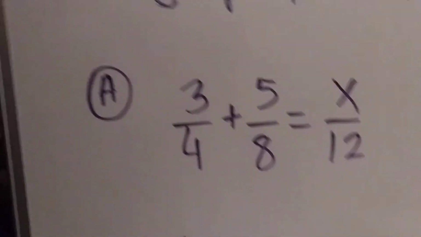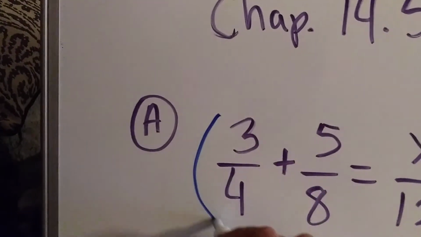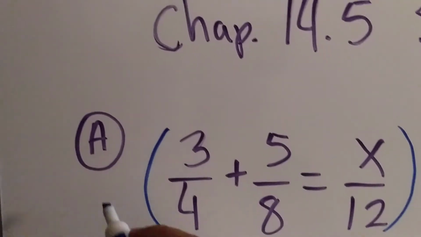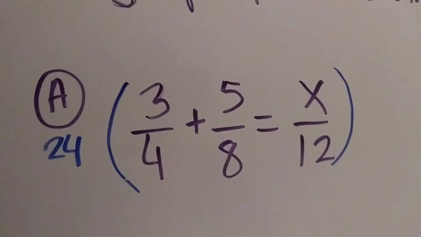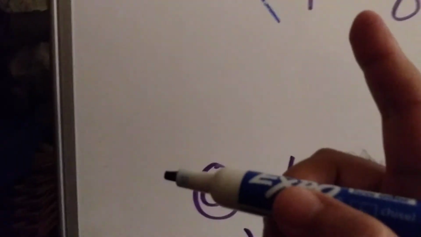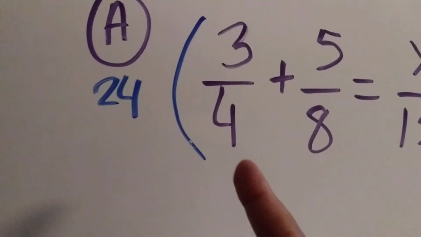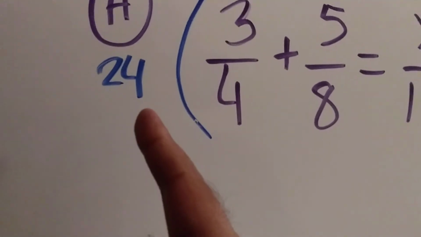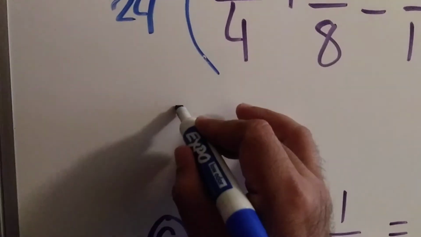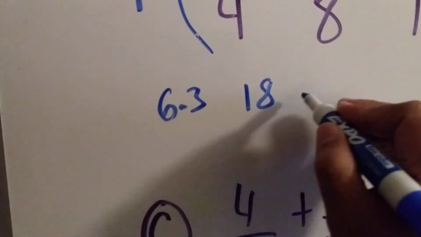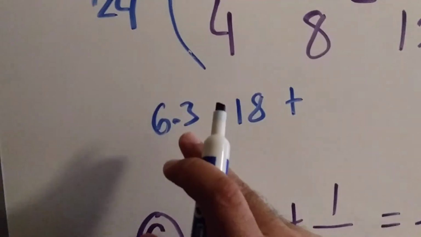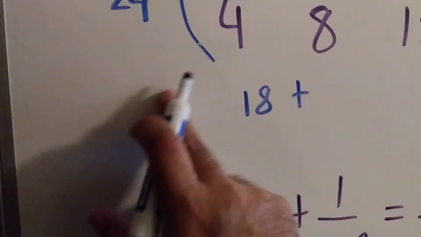So if we multiply the entire problem here by 24, it could clear out that fraction. So again, look, how many times does 4 fit into 24? It's 6 times. So 6 times 3 gives us 18, right? And then I'm going to just erase that, so I'm just showing you the process, okay?